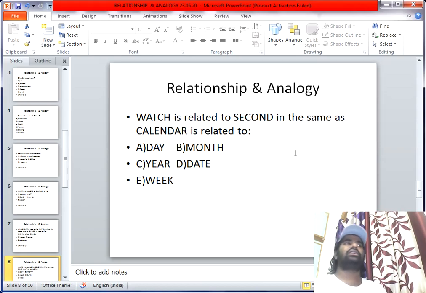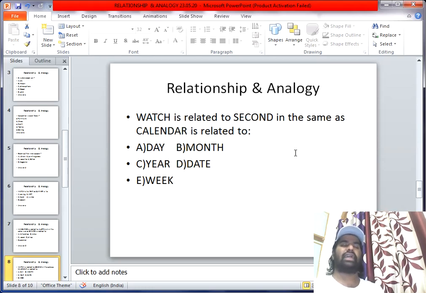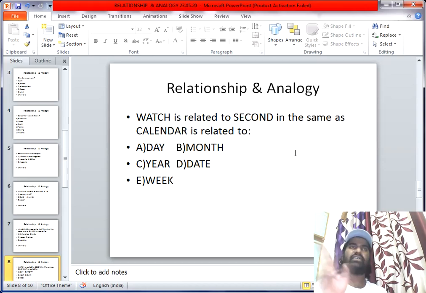The reason behind it is that second is the smallest unit which can be measured in a watch, right? Seconds, minute, hour, it's all related to second as a unit. So in the same way, day will be the unit of the calendar, not the month, not the year, not the date, not the week. So day is the unit.